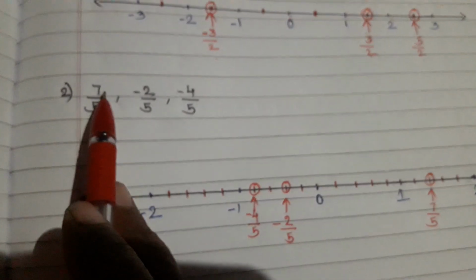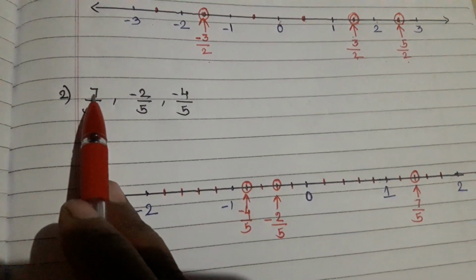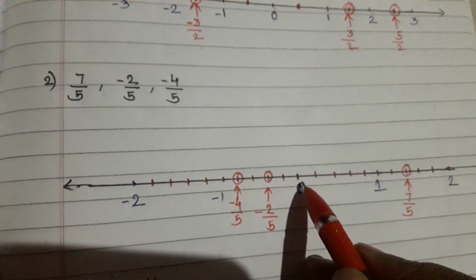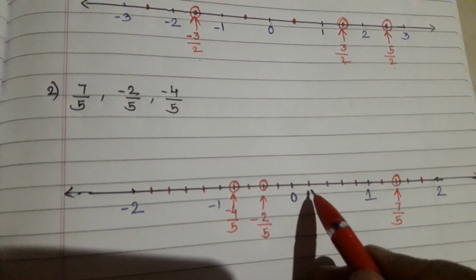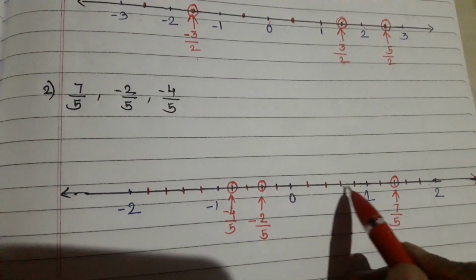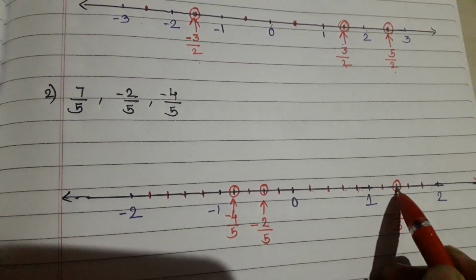Now the first number is 7 upon 5. Here the numerator is 7. That means from 0, the seventh point denotes the rational number 7 upon 5. It is 1, 2, 3, 4, 5, 6 and 7.